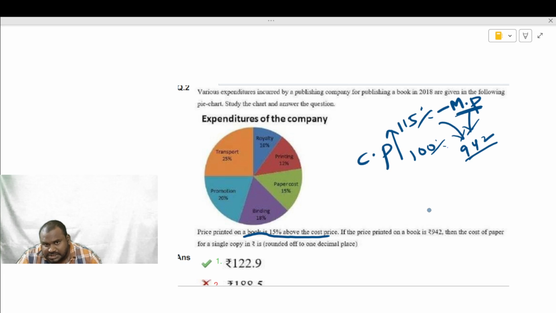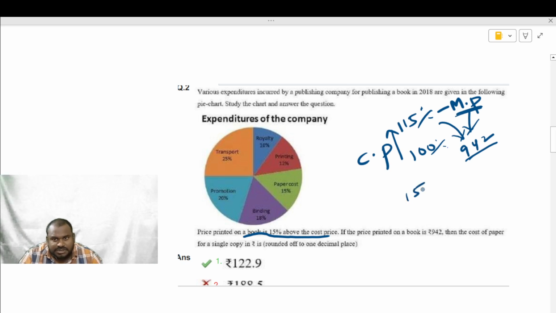So then the cost of the paper for a single copy in rupees is what is being asked. See, 115% is 942.